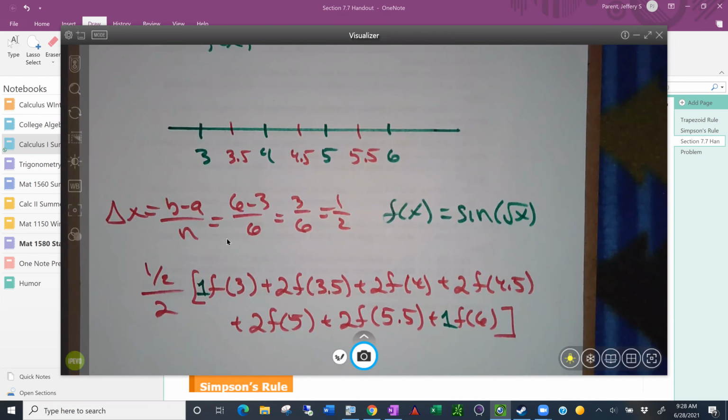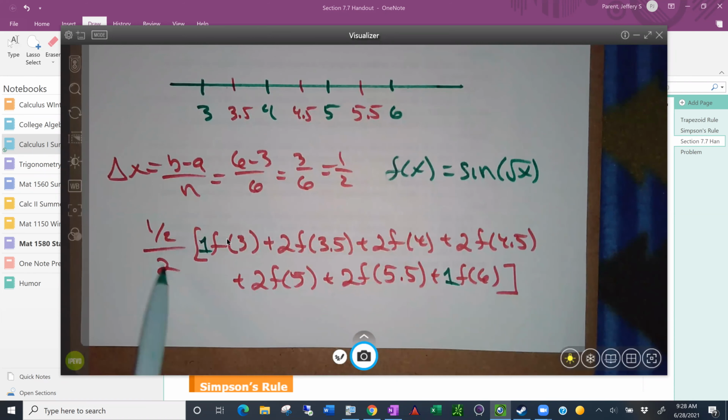All right, so that's going to be 1/2 divided by 2, which is 1/4.